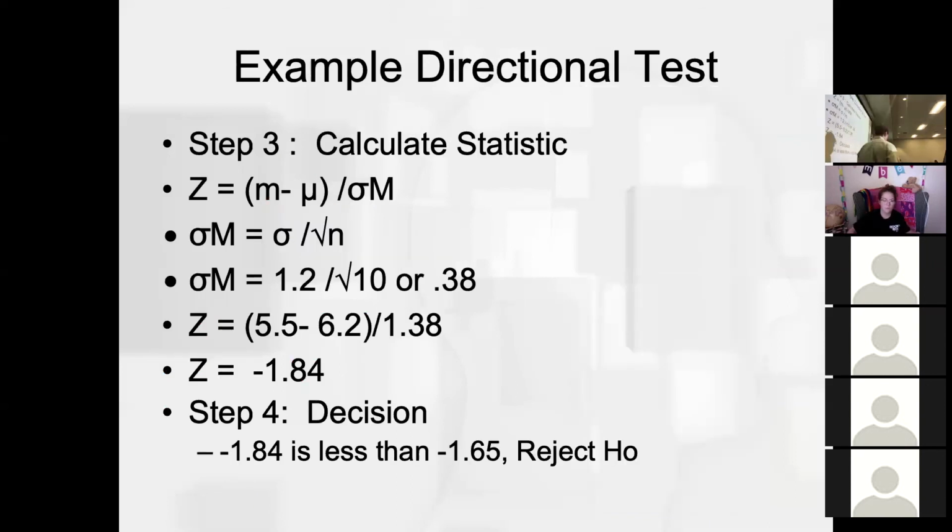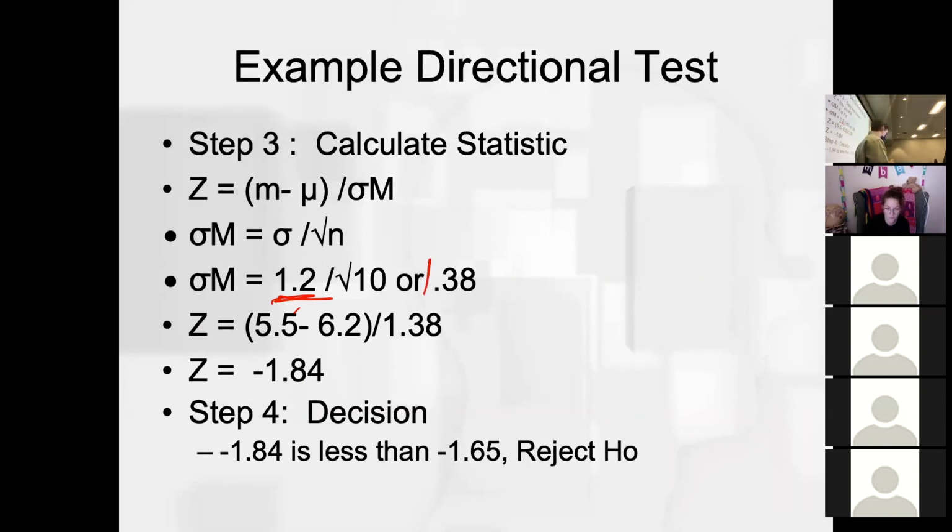So we're going to calculate the statistic. Again, it's going to be the sample mean minus the population mean over the standard error. Standard error is going to be the standard deviation divided by the square root of n. And so our 1.2 day standard deviation for the population divided by the square root of 10 for our sample is, that should be 0.38, I think, through and through.